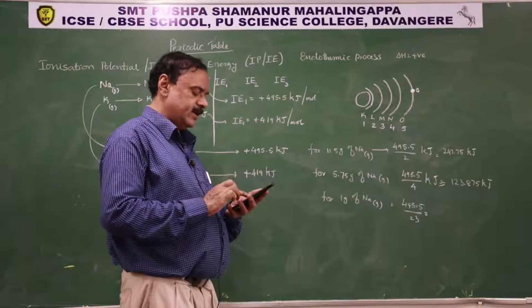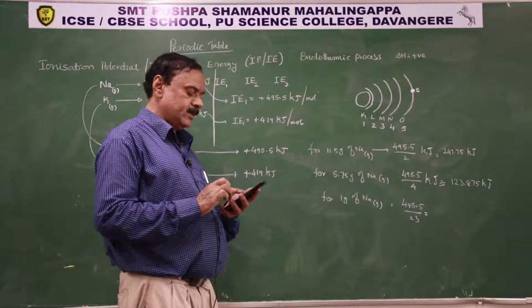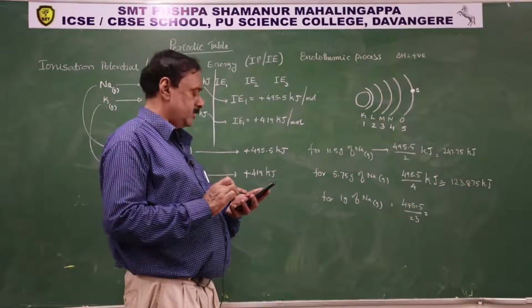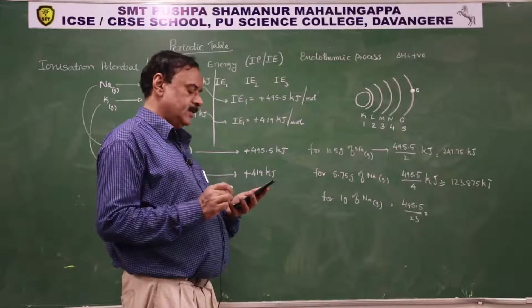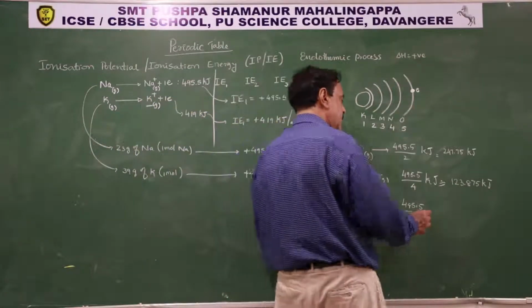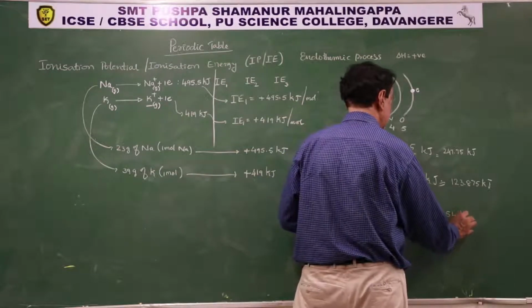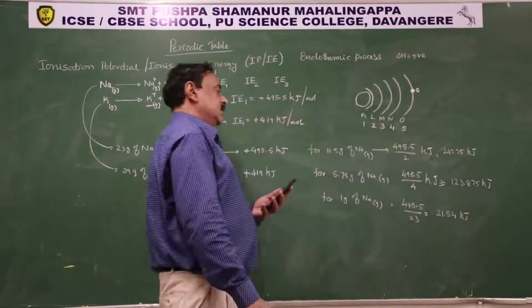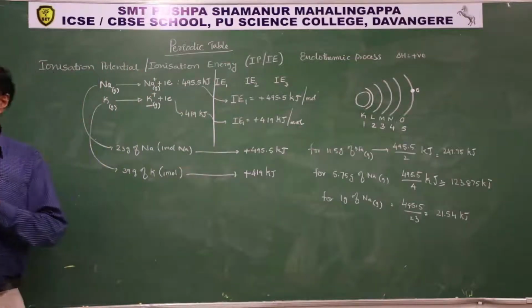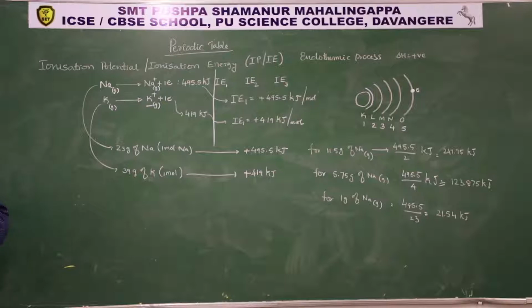That is equal to 21.54 kilojoules. Suppose if it is 1 gram of the sodium, then how much amount of the energy is required? That is equal to 21.54 kilojoules.